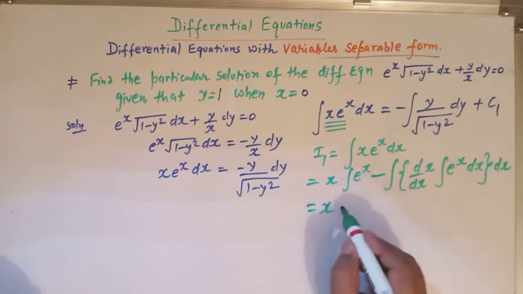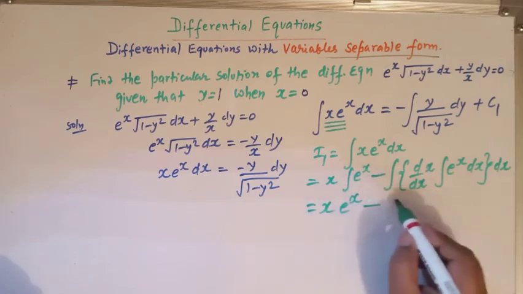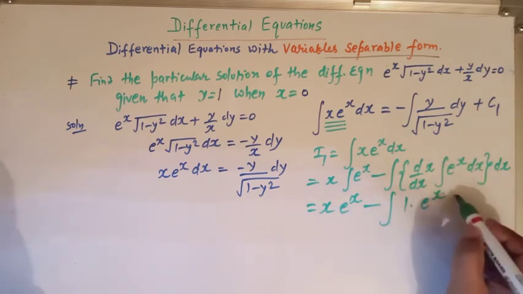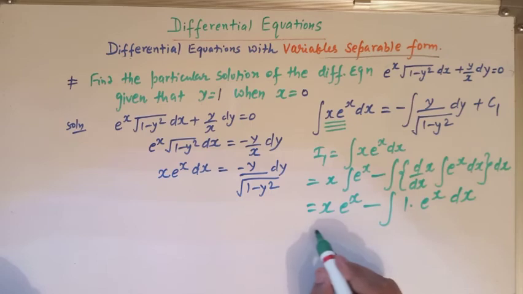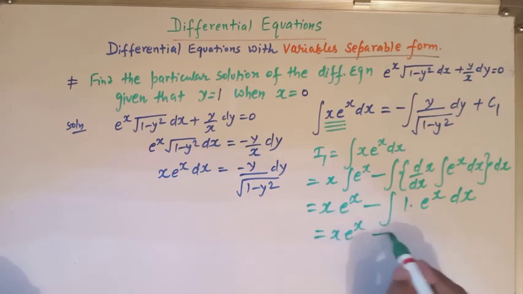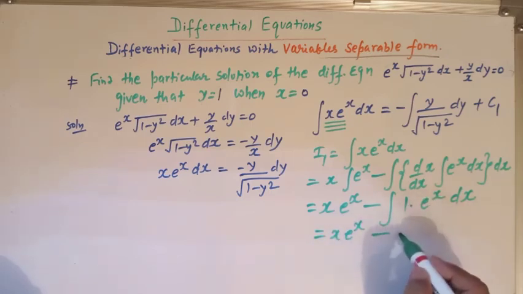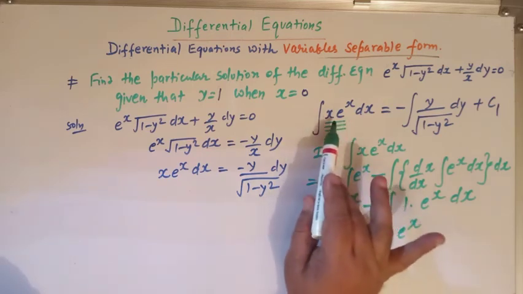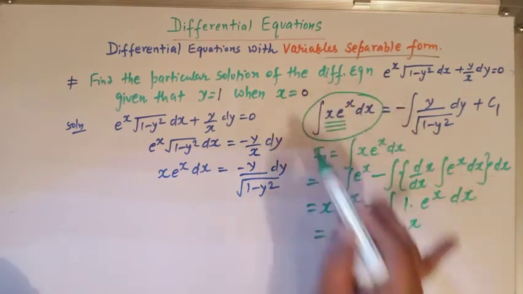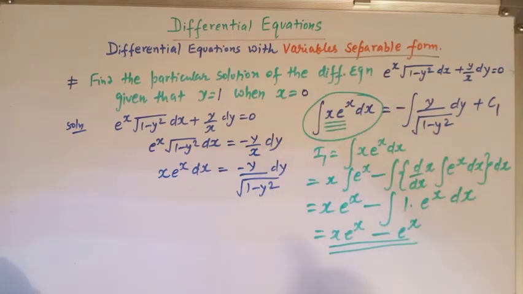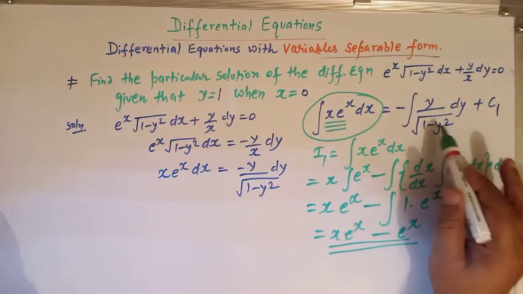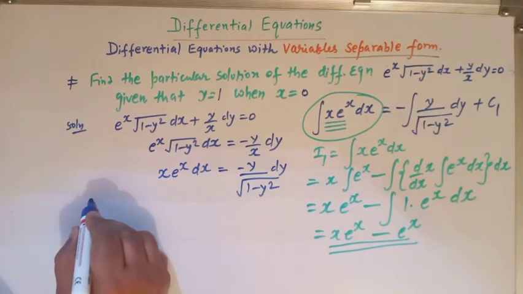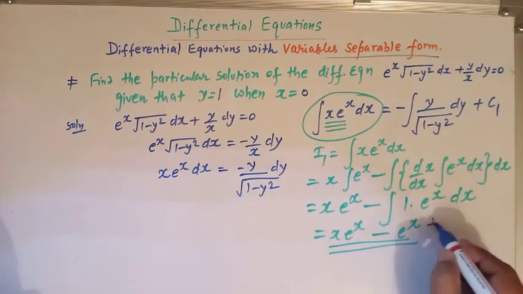We have x times e raised to x minus, here we have 1 times e raised to x dx, and then we have x e raised to x minus e raised to x. Clear? Now the integral of this term is equal to this.